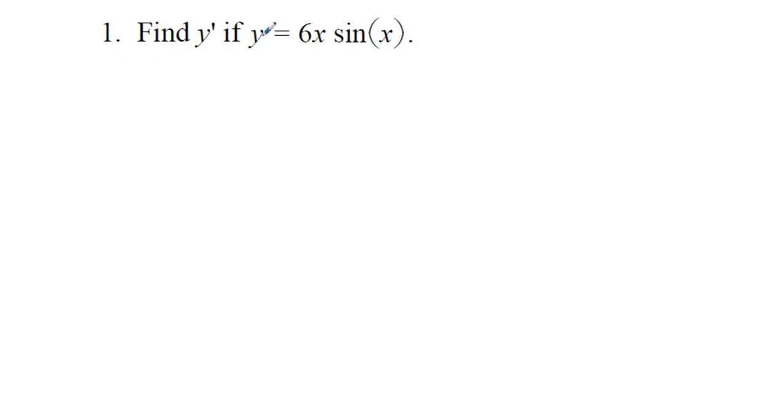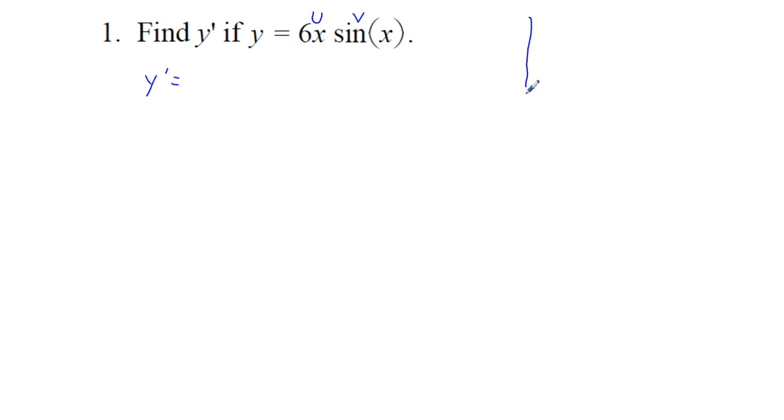Number 1. Find y prime if y equals 6x times sine x. In the habit of doing so, I'm going to label one function u and the other v. So y prime is going to be vu prime plus uv prime.